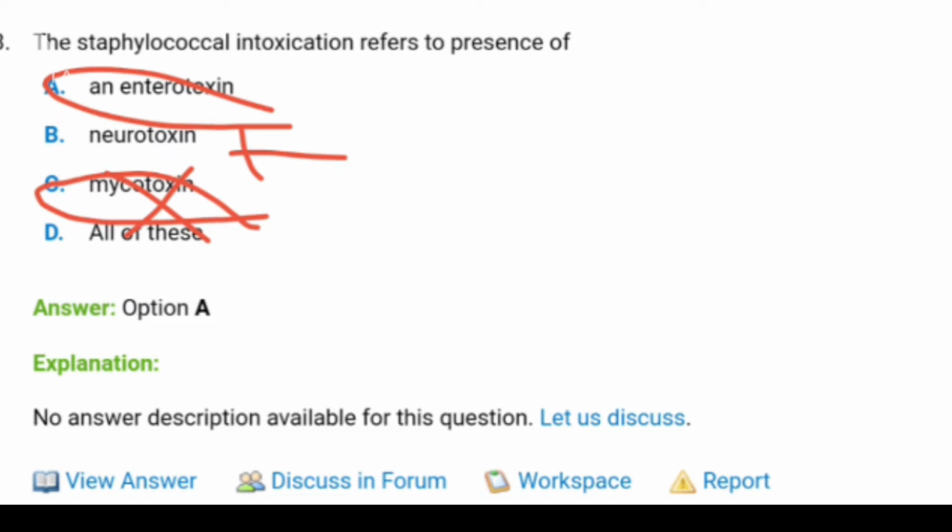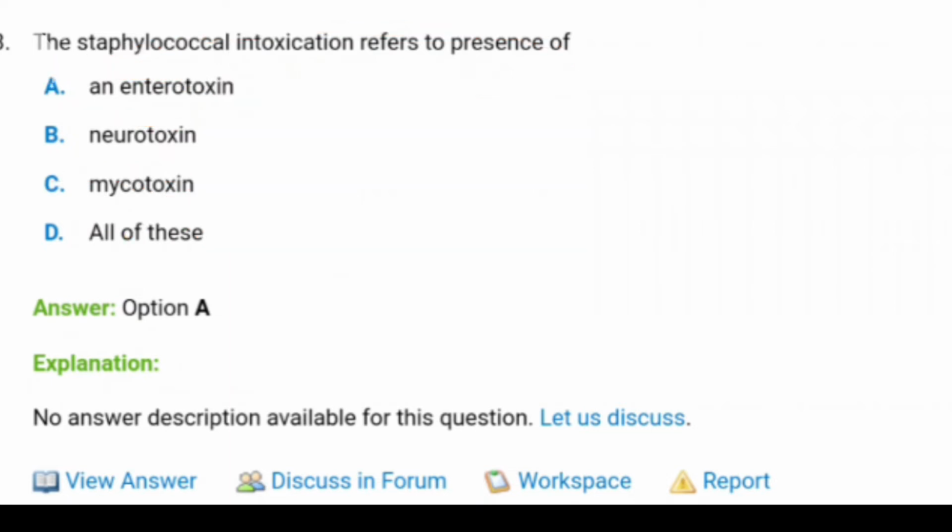This staphylococcal intoxication is due to Staphylococcus found in the intestinal region, so we call it an enterotoxin. Staphylococcal intoxication refers to the presence of an enterotoxin.